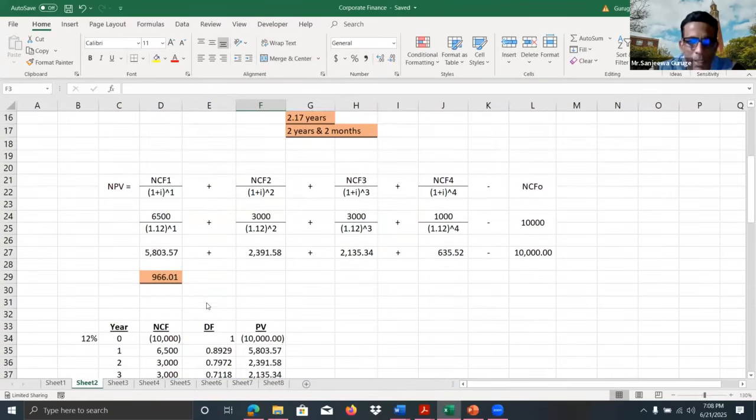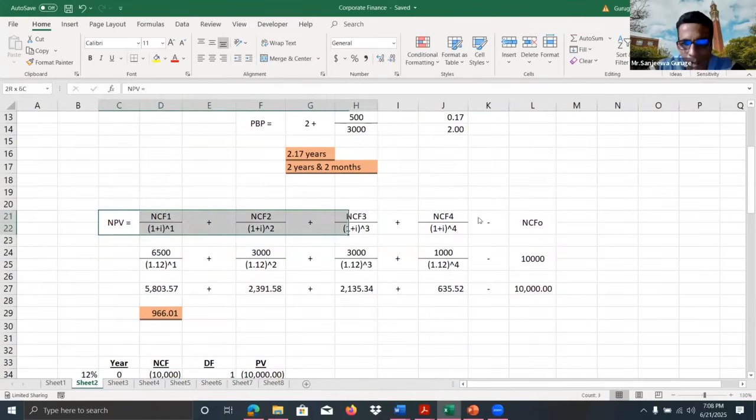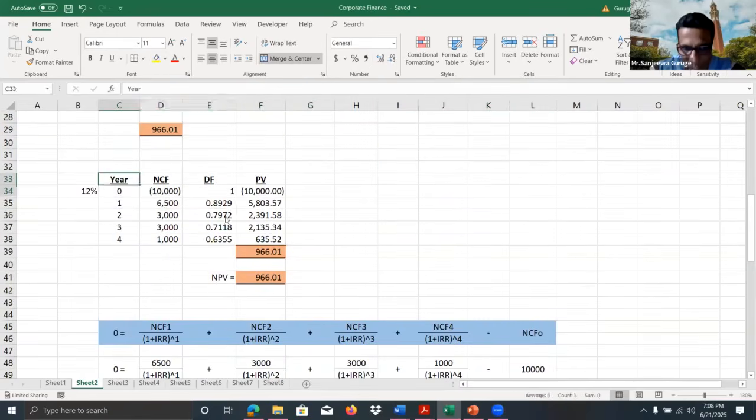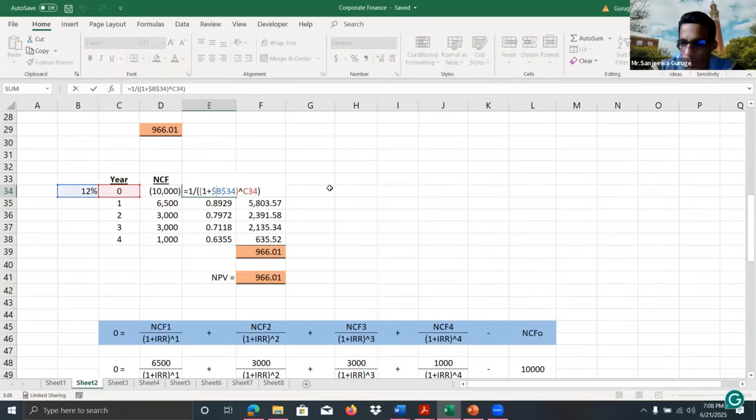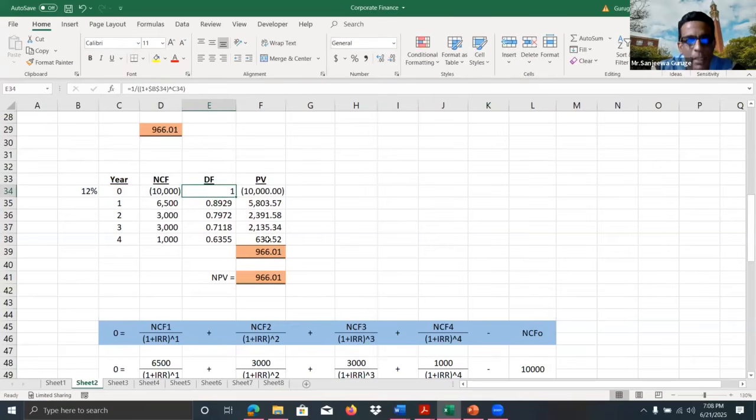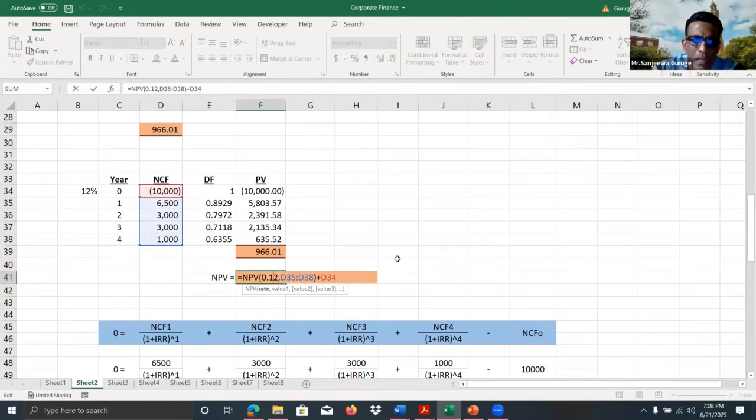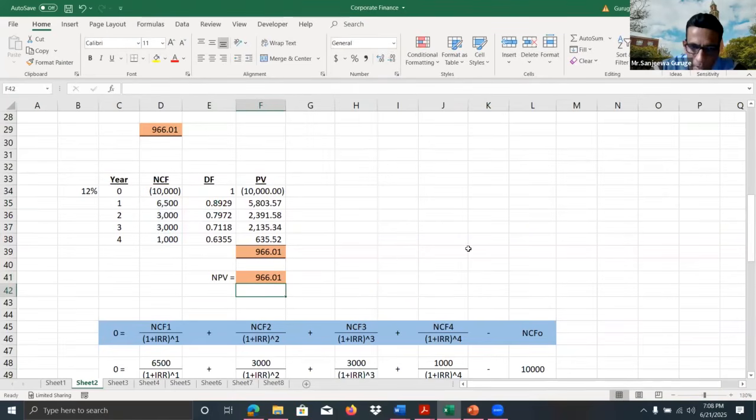NPV you can calculate using the detailed formula, or using the interest factor tables, or using a simple Excel formula. When you apply the discount factor, you can calculate the present value. In addition, you can use the Excel NPV formula. So there are a number of methods, and the easiest way is to use a financial calculator.